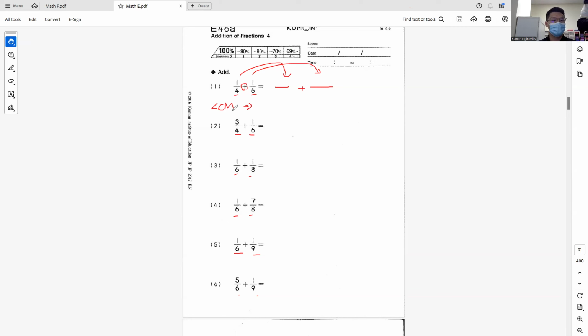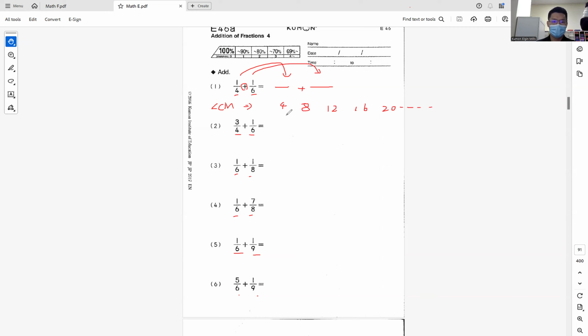So least common multiple. So for example, for 4 and 6, for 4, I can do 4 times 1, 4 times 2, 4 times 3. I can do 6 times 1, 6 times 2, 6 times 3. If I lay out all the answers for 4, I get 4, 8, 12, 16, 20, and so on.